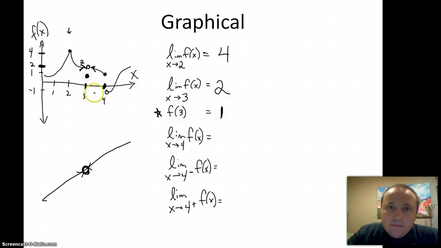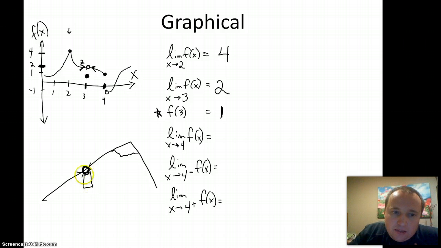f of 3 is 1. Okay. The example I always thought of is I have a mountain, and right here there's a cave. Look, it's a hole. And as I'm hiking up the mountain, I wonder what altitude this hole is at. I wonder what altitude the hole's at if I come down the mountain this way at it. This is called the intermediate value theorem.